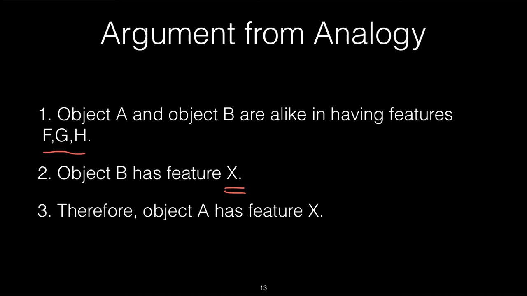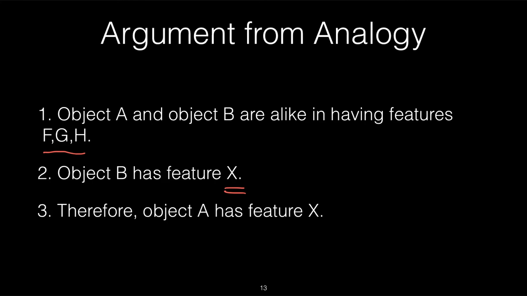Well, then I can conclude that object A also has that feature. So when we do an argument from analogy, we take two things and we put those two things side by side and say they share all of these features, features 1, 2, and 3, F, G, and H, whatever it is. And if I look at B and say, oh, but B also has this additional thing, well, then I can conclude that A also has that feature.